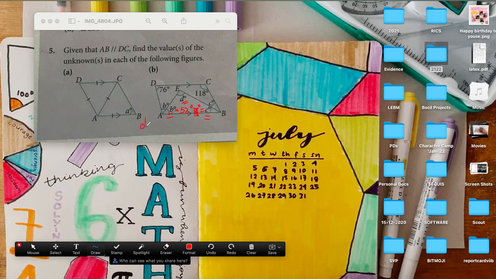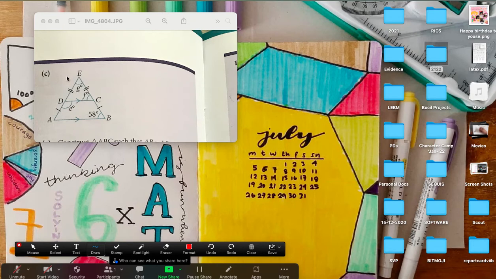So then D degrees is going to be 180 minus 52 minus 31, or in brackets I can put 180 minus brackets 52 degrees plus 31 degrees, and that will be equals to 180 degrees minus 83 degrees. So it will be 97 degrees. That's the value of D. So it is 97 degrees.